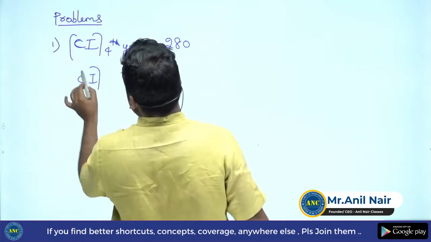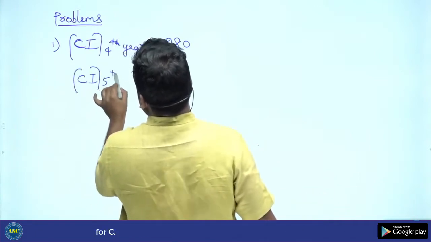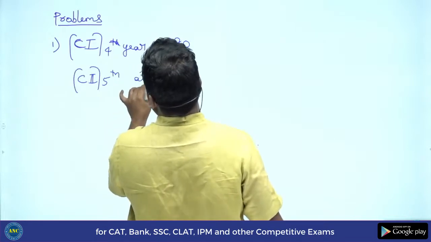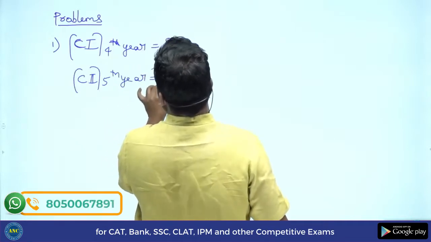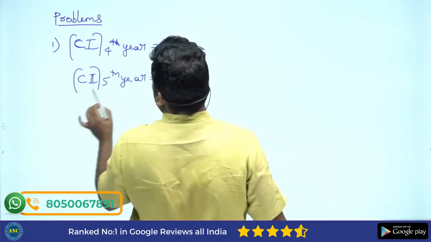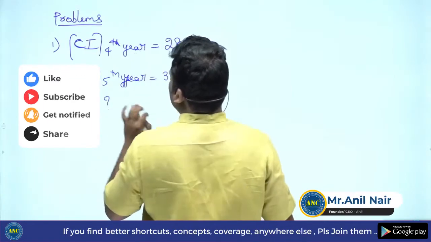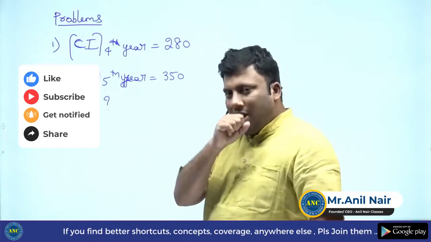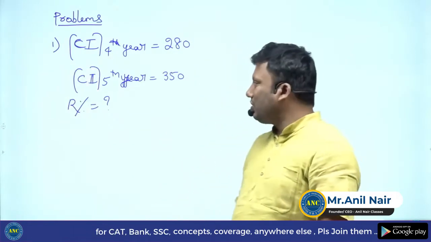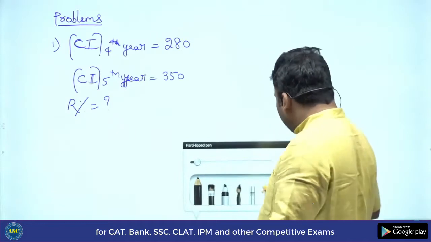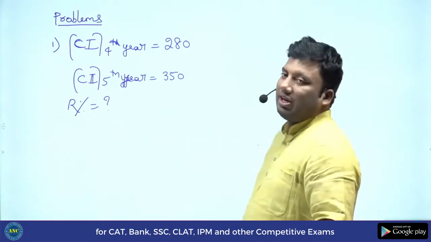CI for 5th year is 350. Compound interest at the end of 4th year is 280. Compound interest at the end of 5th year is 350.